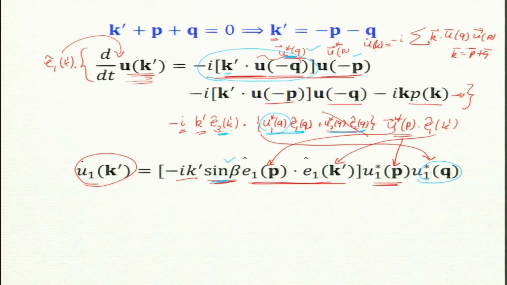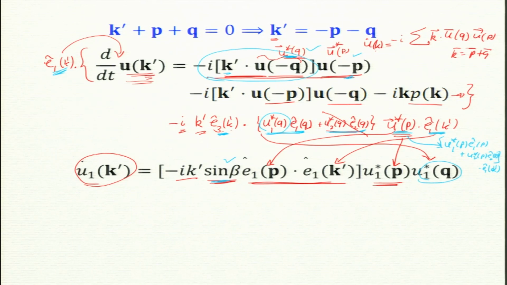You see. Now, u of minus p, I am taking a dot product. This guy comes dot product with this. So, I get here u star p dot E1 k prime. So, u star p is again u1 p. So, I write this as u1 star p E1 p plus u2 star p E2 p dot product with E1 k prime.